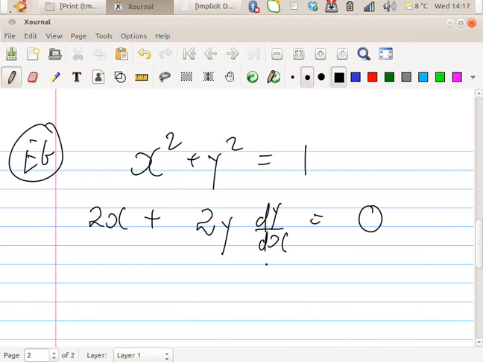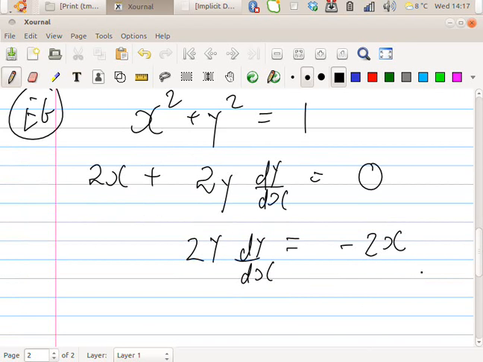Now, this can be cleaned up. 2y dy dx equals minus 2x. Take the 2x over. And then divide by 2y. And then cancel the 2's. So you have dy over dx equals minus x over y.